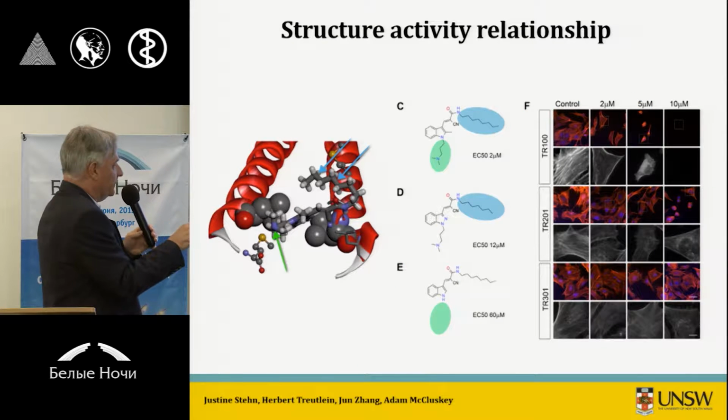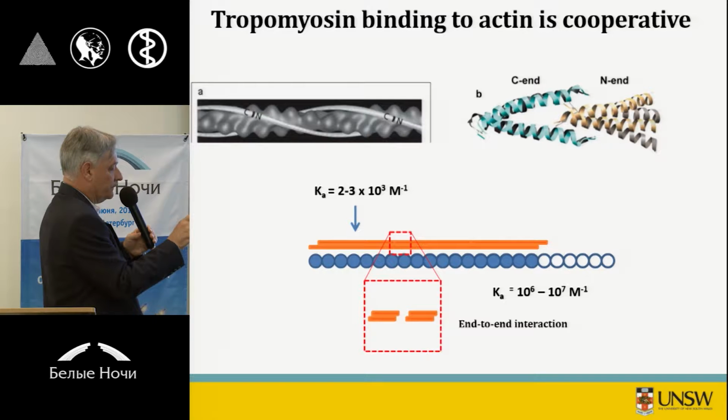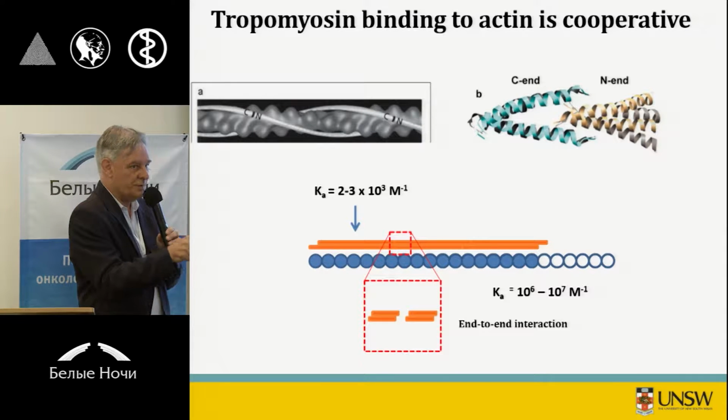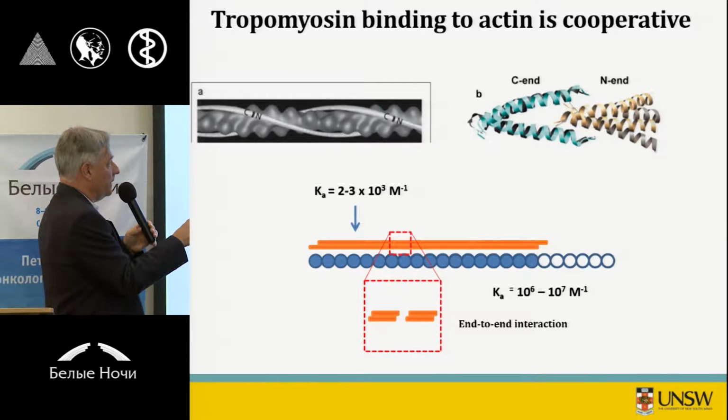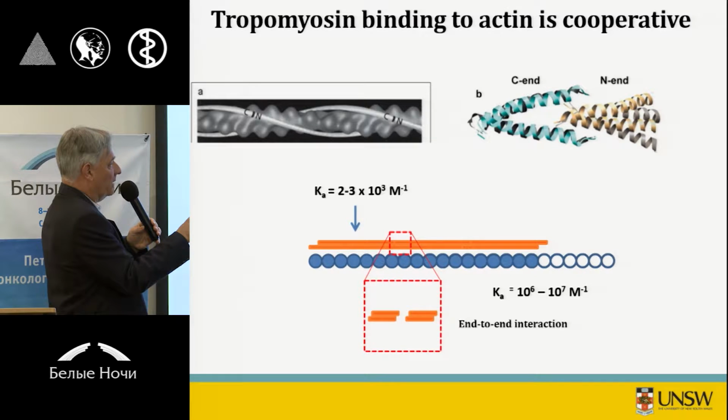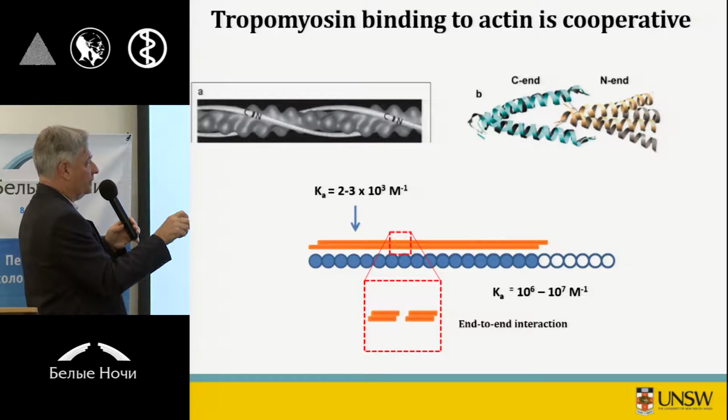So what we did was we used drug design, and it's very simple. The principle of this was very simple. We took, using the computer, the model for the C-terminus of tropomyosin, and of the tropomyosin you find in all cancer cells, and we looked for potential pockets where a drug could bind in the C-terminus.